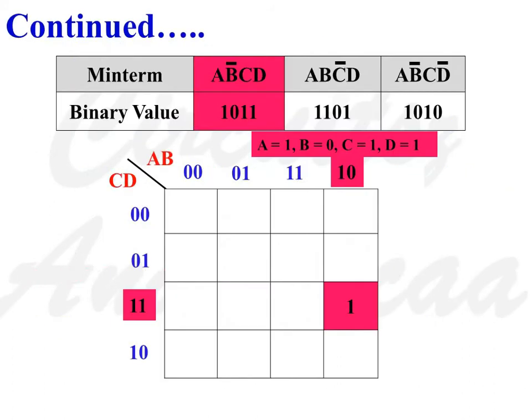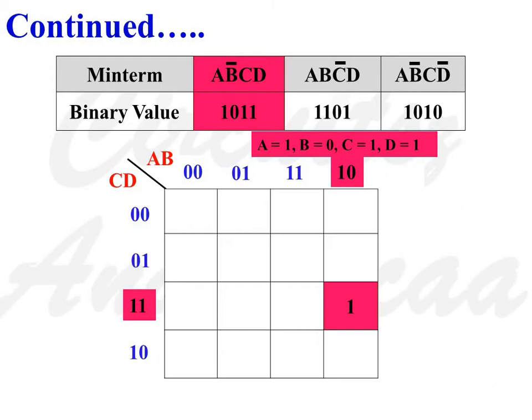First minterm is A B bar C D. To find the binary value, if a variable appears in true form, put 1, and if a variable appears in complemented form, put 0. So in the minterm under consideration A B bar C D, as variable A is in true form, put 1.